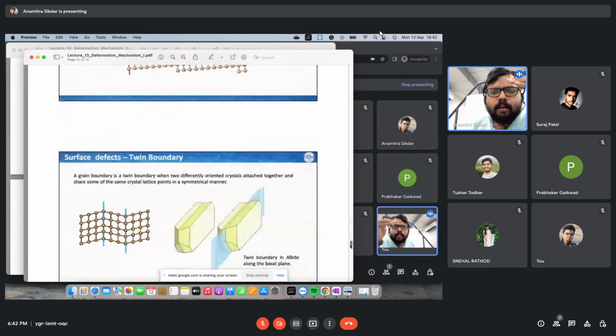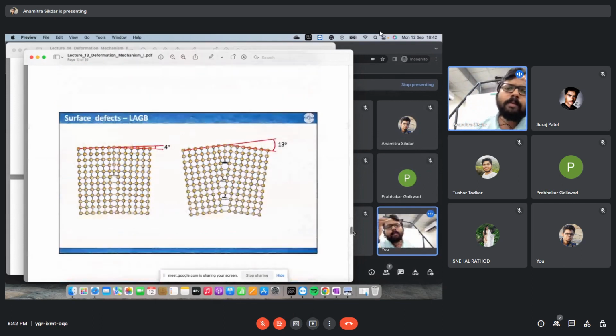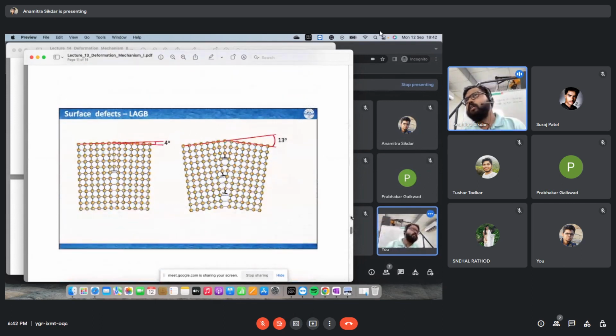So these are more or less self-explanatory. One thing I want to say is that we have all seen quartz grains with undulose extinction.